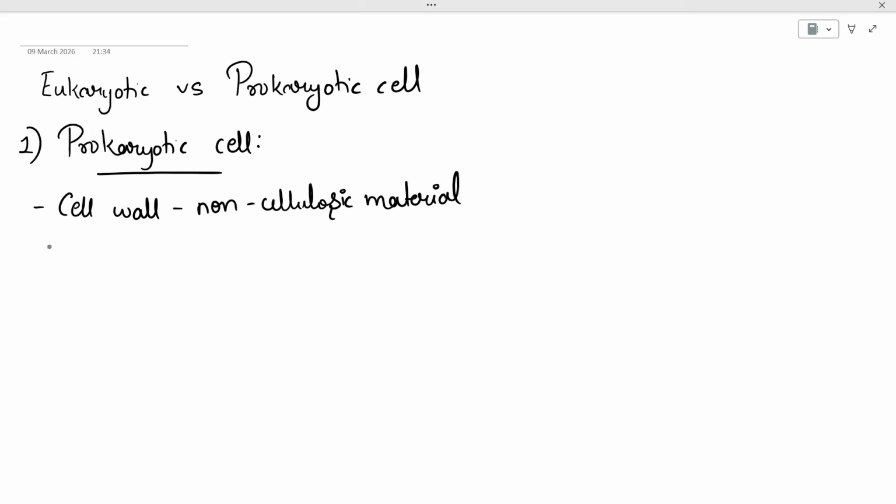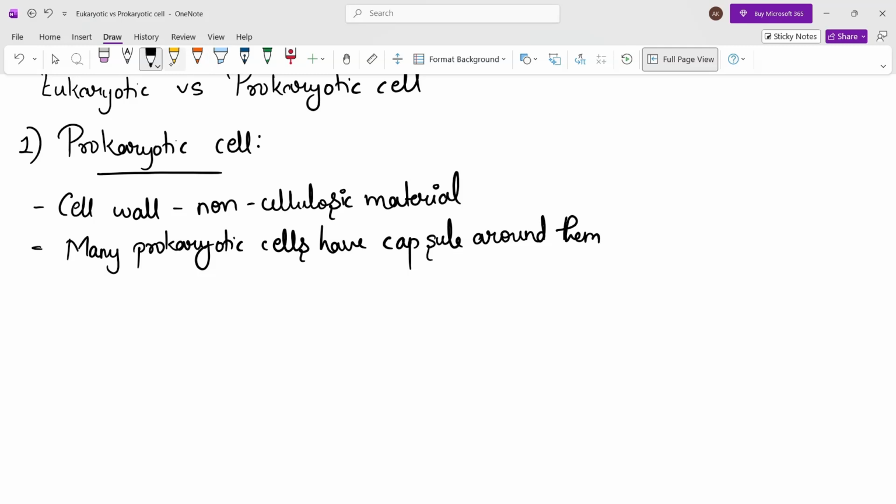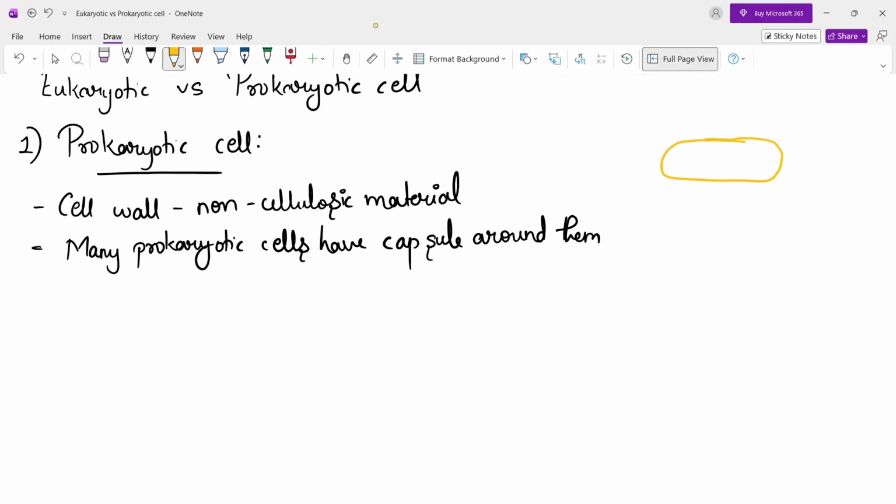Next thing that we'll look at is that in some prokaryotic cells we'll find the capsule is present. So many prokaryotic cells have a capsule around them. Now if you look at the general structure, suppose this is a prokaryotic cell, so this yellow color substance will be the plasma membrane.